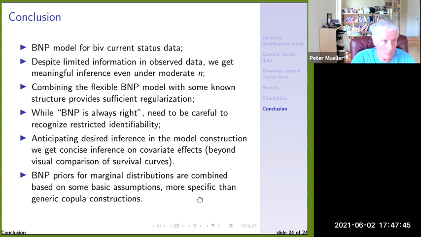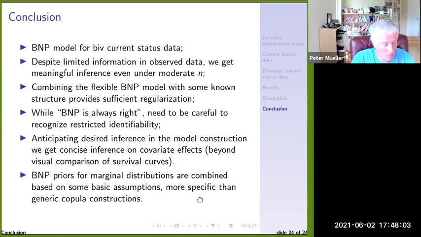In a way, of course, BNP is always right, but in this particular case with current status data, if you don't introduce additional structure, you would still hit against limitations of identifiability.